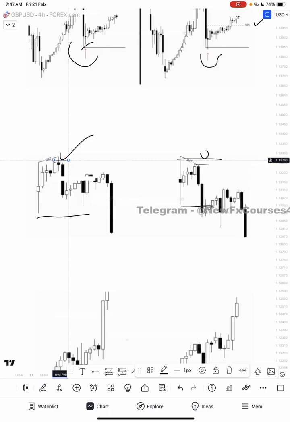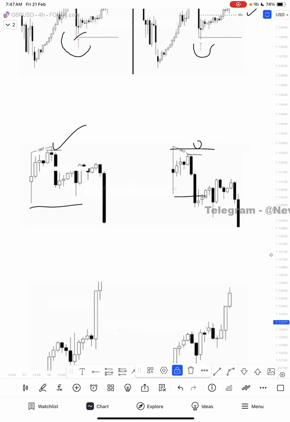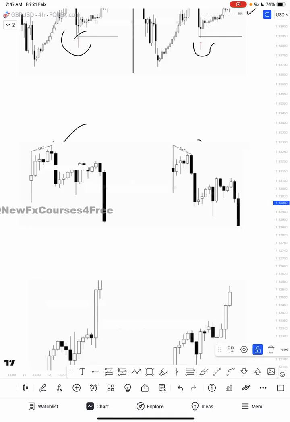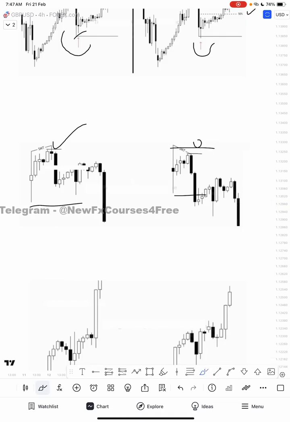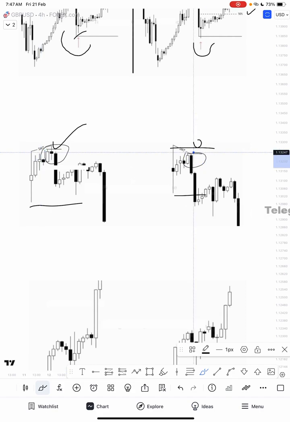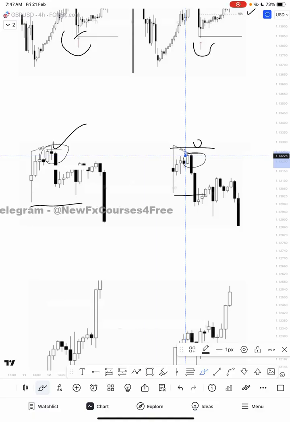So if you go to the lower time frame of this structure here, this whole move, this move here, you will actually see a lower time frame total soup, and here you won't see any of that. That's a higher time frame SMT and a lower time frame SMT confirmed.